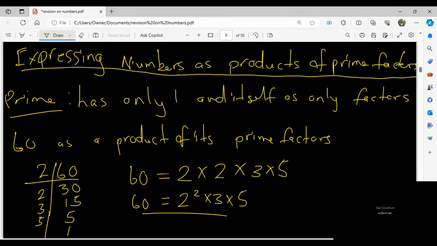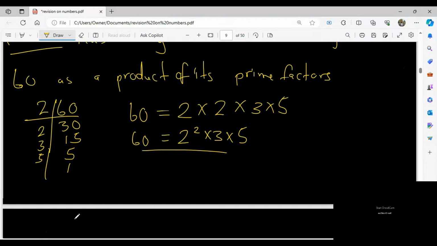Now we want to see how we can find highest common factors and lowest common multiples using prime numbers or prime factors. Okay, right. So let's use this number 60 as an example. Right. So maybe let's write this question.